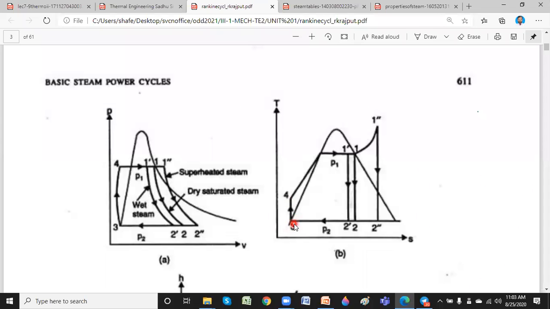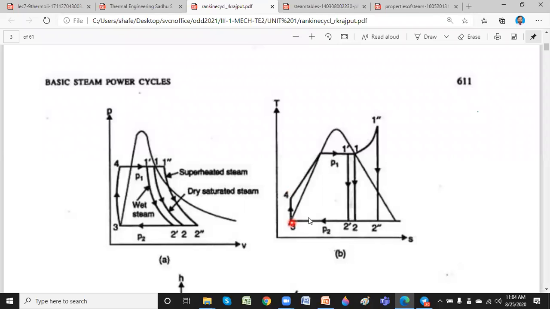Point 3 I can find easily. 2, 1 dash, and 1 also I can find by calculation. The only thing is in the liquid region, 4, because you are taking the water and pumping it to 4 and keeping it in the boiler. So 4 I have to find out. How to find out 4? I have the formula.